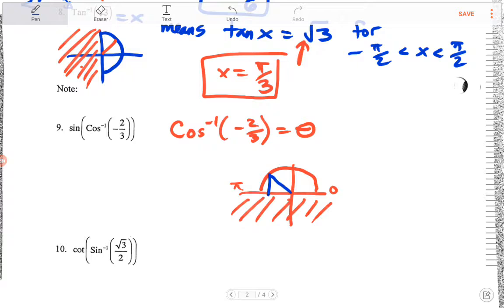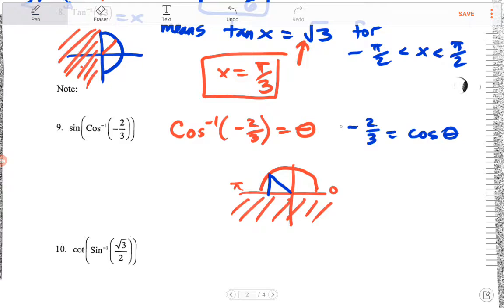If we're in quadrant 2, the problem that we set up here is the same thing as saying negative 2/3 is equal to cosine of theta. Since we have this trig ratio of negative 2/3, we can set that up in our triangle here.